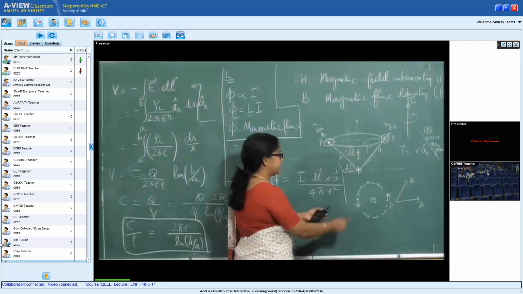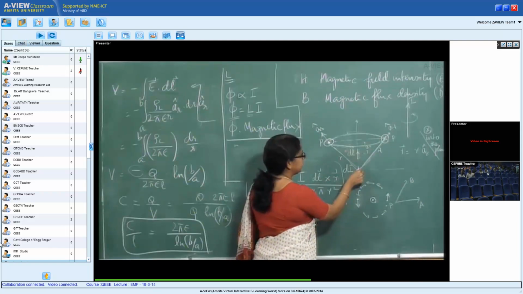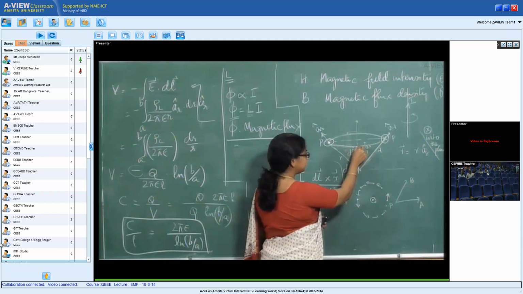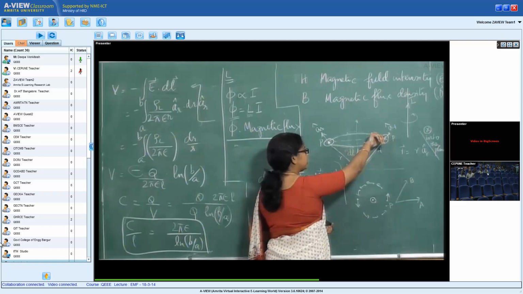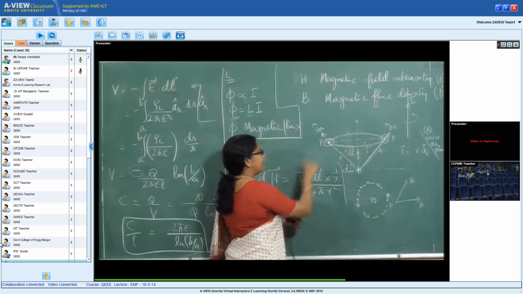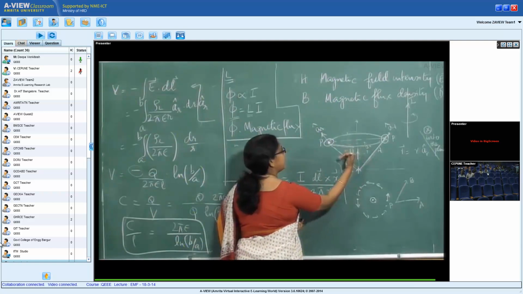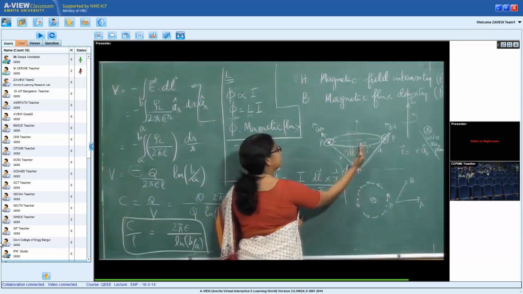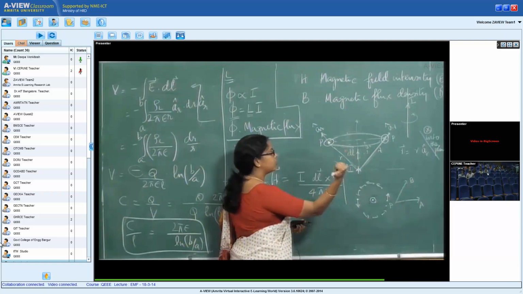I hope you understand this. I can repeat here. At this point, your R vector is in this direction, DL vector is in this direction, so DL cross R will be into the plane of the board. At this point, R vector is in this direction, DL is here, so DL cross AR is pointing outward.